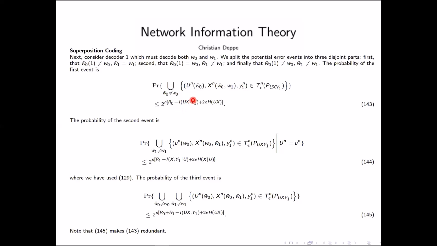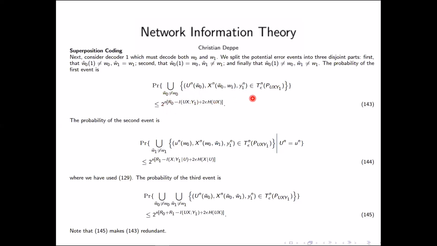That's exactly what is written here. So that's the estimation of the probability here. We assume all have the same probability, and by union bound we can sum them up. And then we look at how many elements we have in the sum. We have exactly 2 to the n R0 elements here.